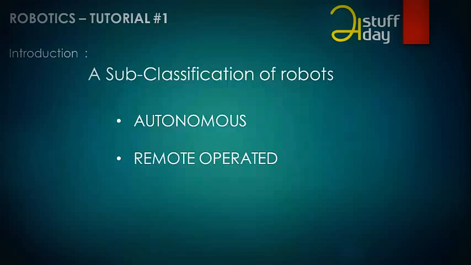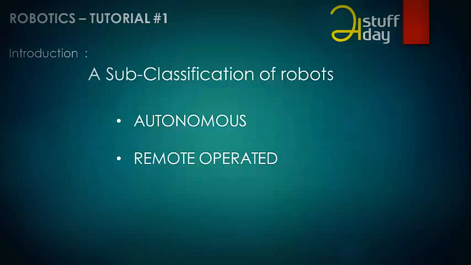What we can give as an example is a reflex. So for every action, there will be an equal and an opposite reaction. But in this robot, for an action, there is a correct reaction from the robot. So this is about the autonomous robot.